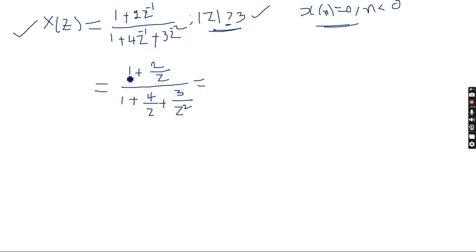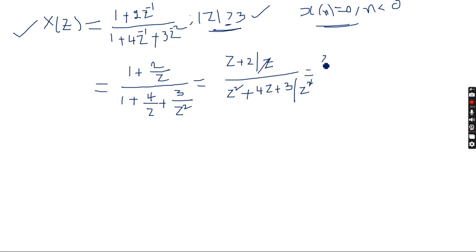So LCM z, here z into 1, so z plus 2 by z, and here also you can take LCM: z square plus 4z plus 3 by z square. So this z and this z is cancelled.